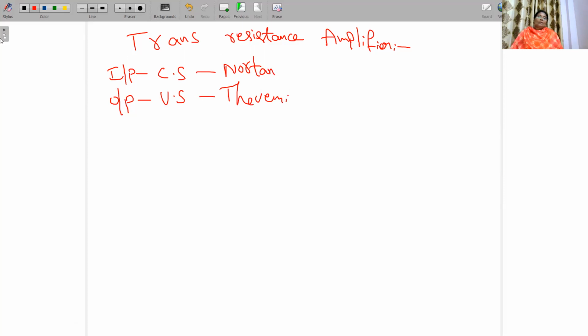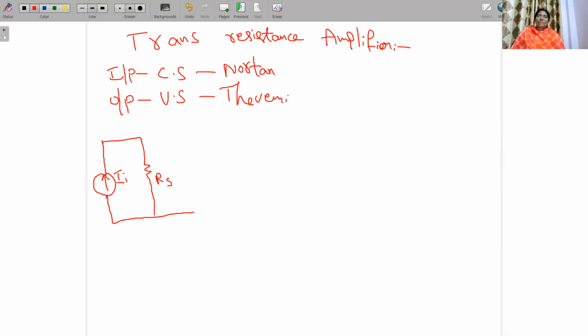Now I have to draw the equivalent diagram for the transresistance amplifier. So here I have to represent the current source, that is Ii. Ii is in parallel with Rs.